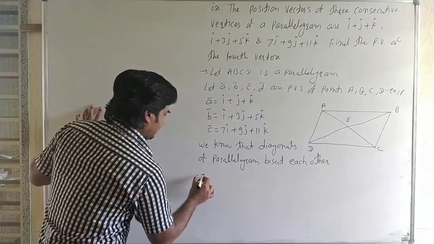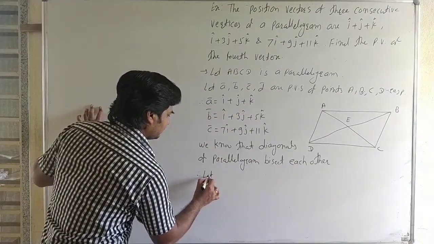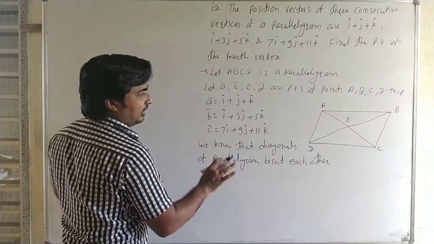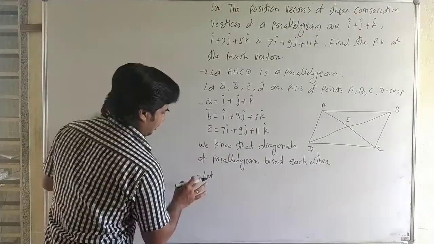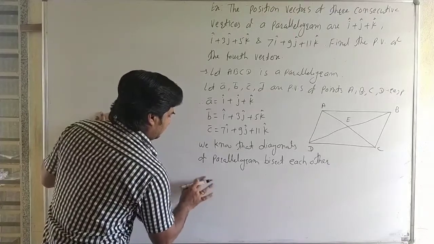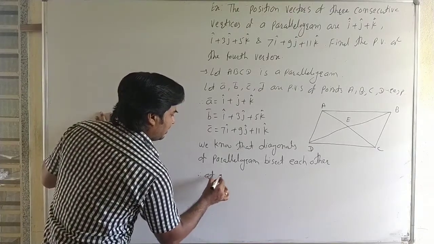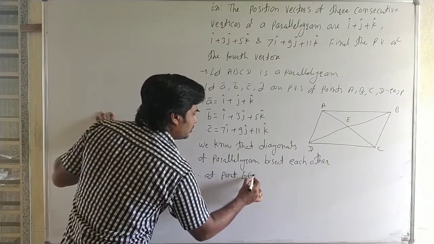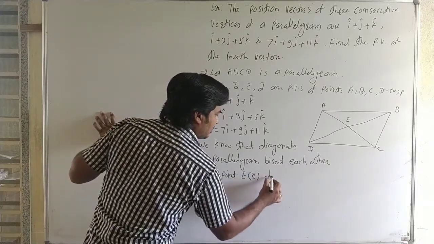Therefore let the diagonals bisect each other at point E with position vector E bar.